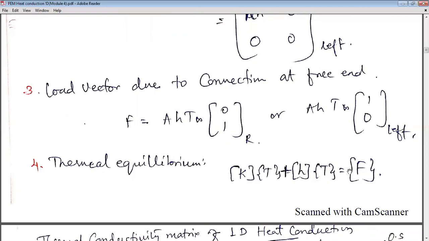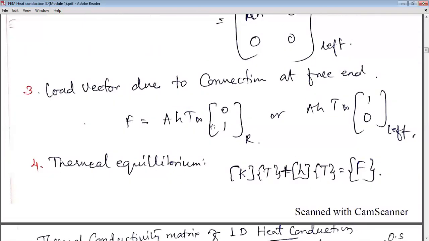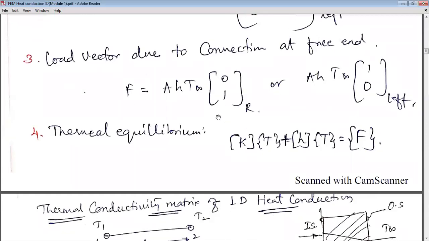Simply KT equals F. There is another term coming here, HT. Whenever you see convection happening, HT also has to be brought into the picture. So these are three very important equations: conductivity matrix, convectivity matrix, and the thermal equilibrium expression and load vector when convection is occurring at the free end. Please make a note of this.